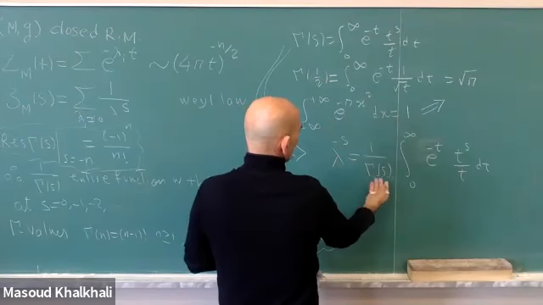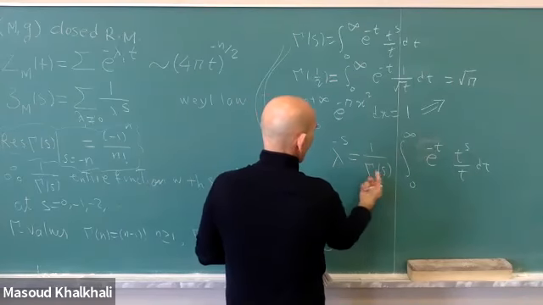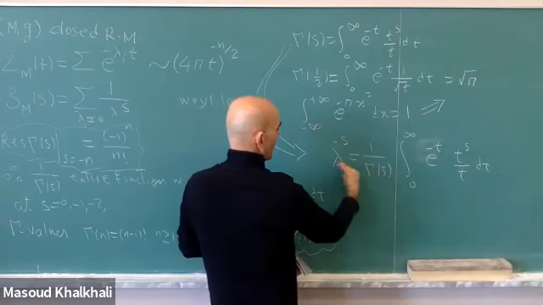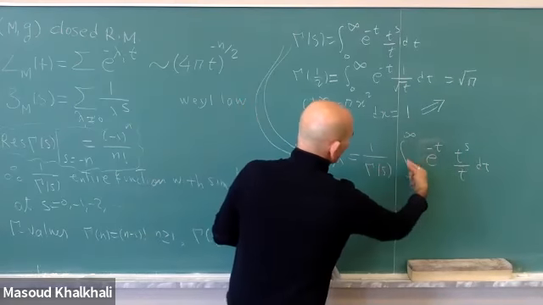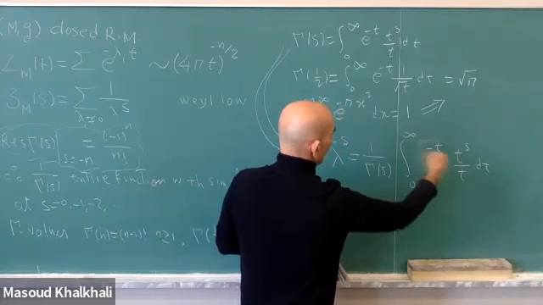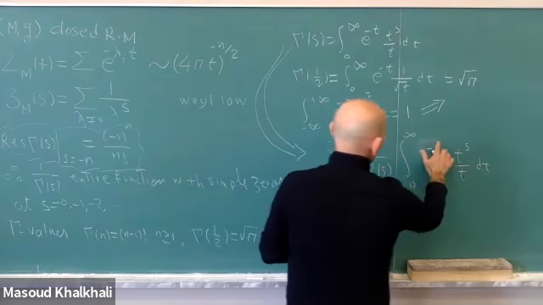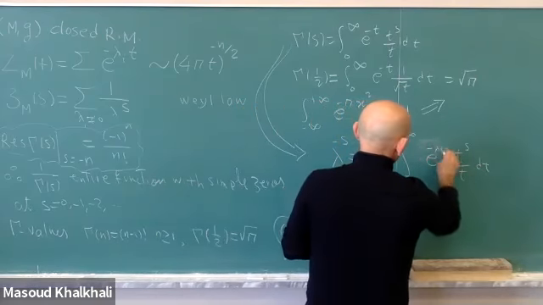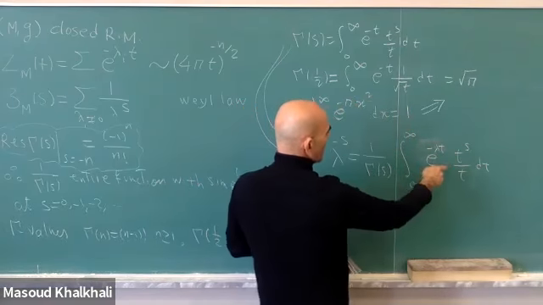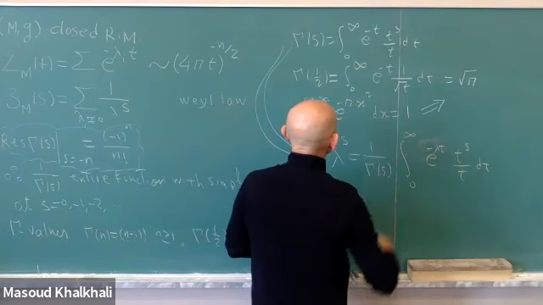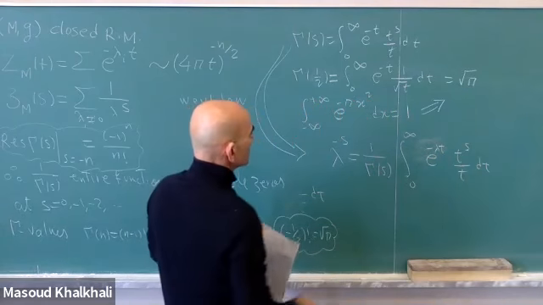To get from this to here, this is more or less the definition of gamma. Just multiply by gamma and lambda, and then change variable from t to lambda t, and then you get this equation.